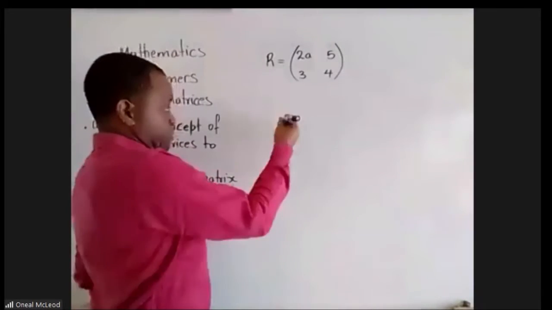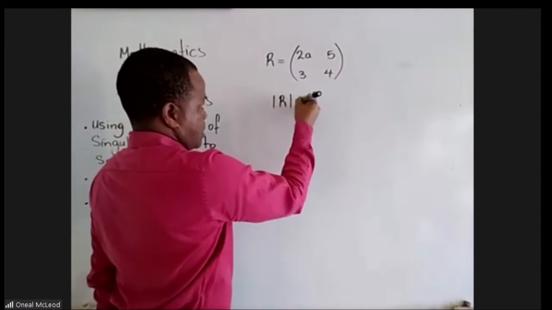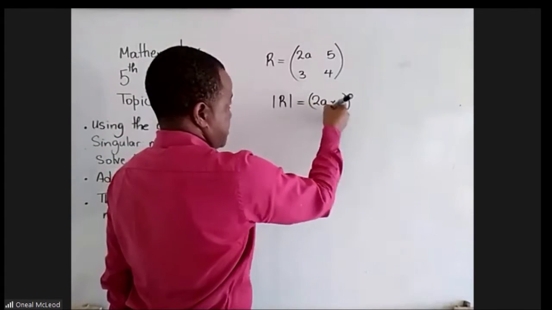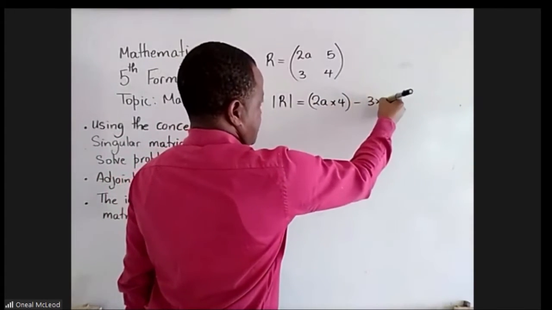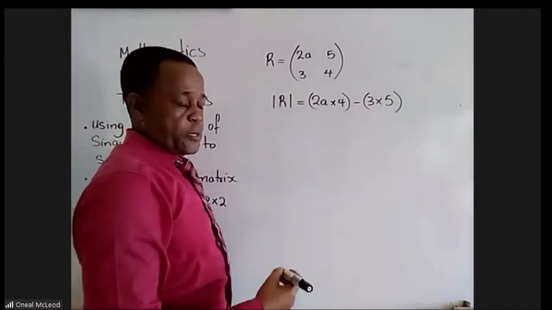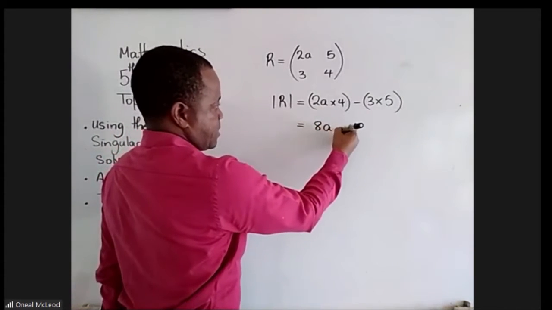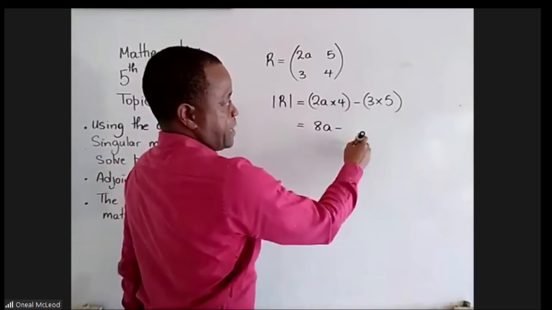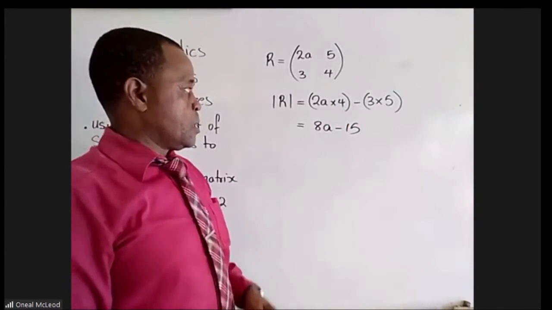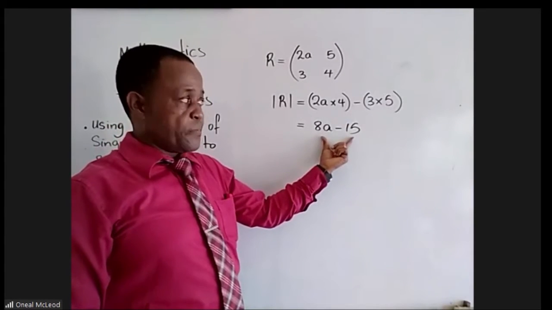All we need to do here is to say, okay, the determinant is equal to 2A multiplied by 4 minus 3 multiplied by 5. That's how we go about finding the determinant. 2A times 4 will give us 8A, minus 3 times 5 will give us 15. Good. So now we have our determinant there.